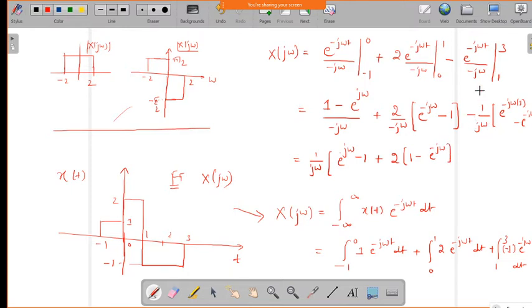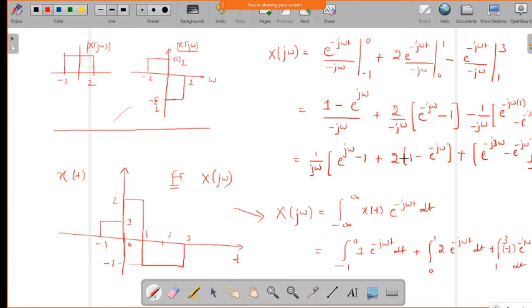Here minus into minus becomes plus, so it will become plus e power minus j3 omega minus e power minus j omega. So this is the Fourier transform of this signal x of t. Can it be simplified or not?